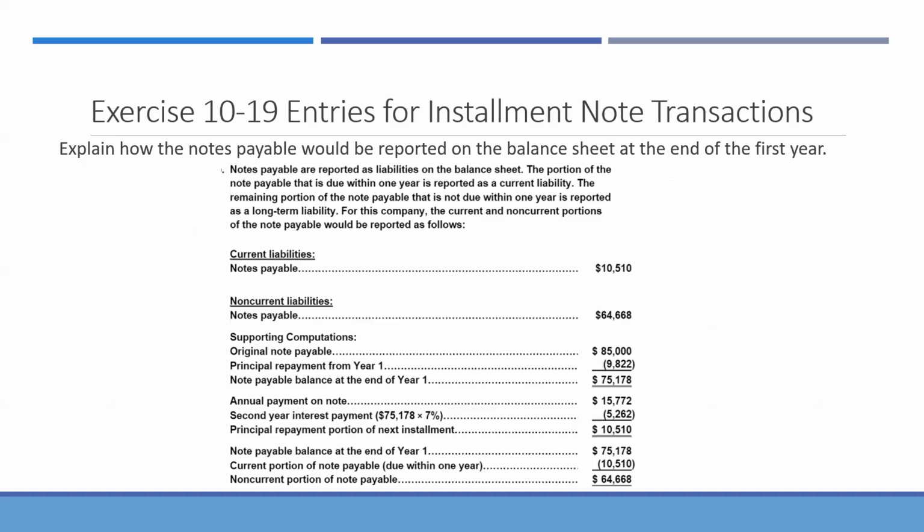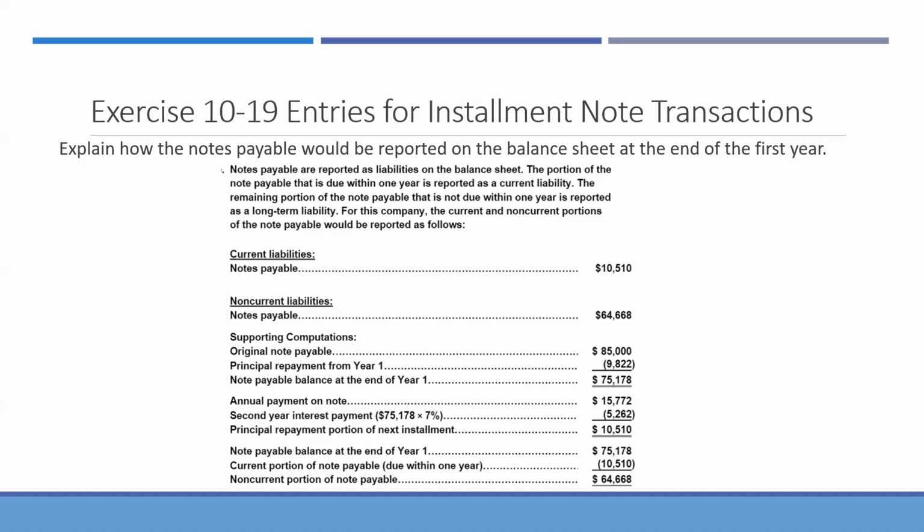Then the current portion of the note payable as of year one is the principal portion in the next year. That's really important to note here: at the end of the first year, the total carrying value of the note is $75,178. That's going to be in the liabilities section of our balance sheet. But how we actually separate that between current and non-current liabilities is that the next year's principal payment is going to be our current liability.